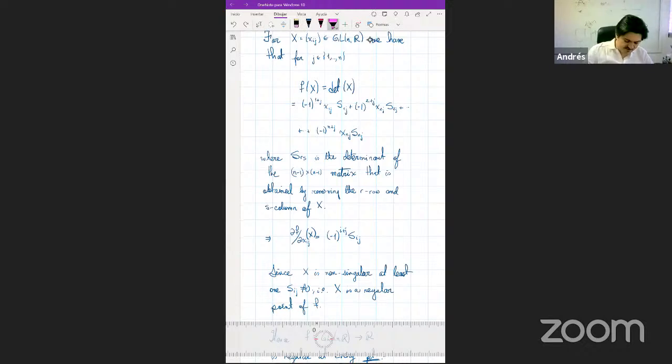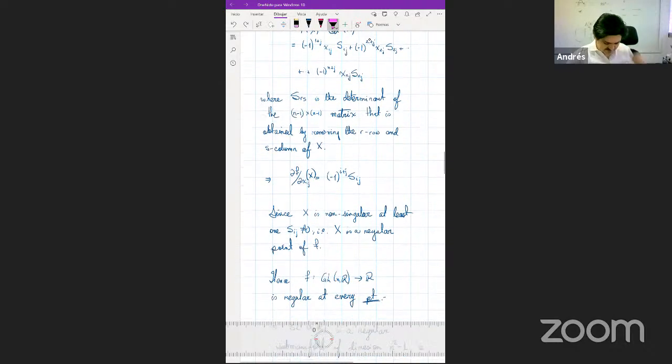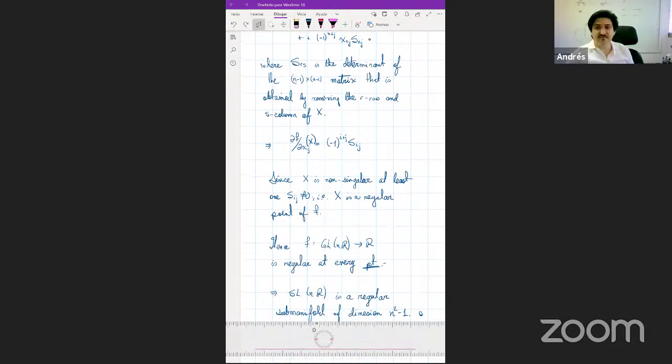And that's how we prove that x is a regular point of f. Hence I have this manifold of dimension n squared minus 1. Okay, so that's how we prove that SL(n,R) is a smooth manifold of dimension n squared minus 1.